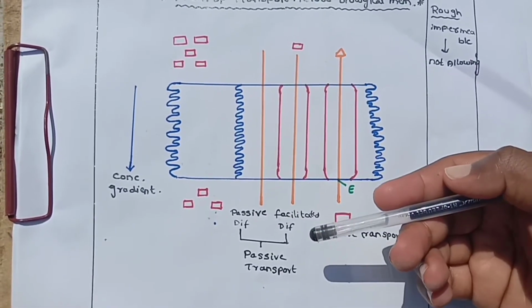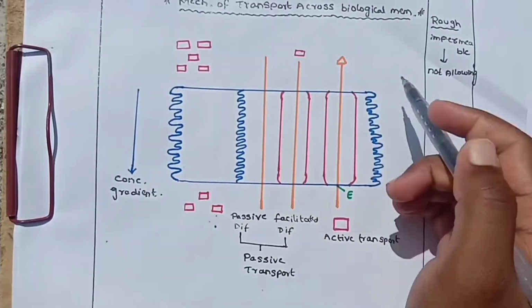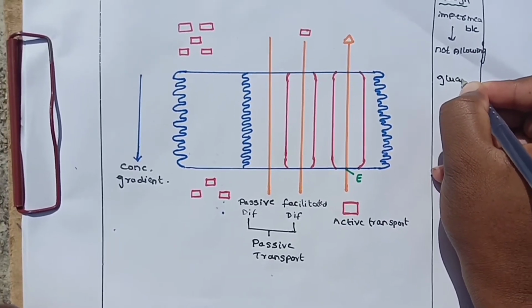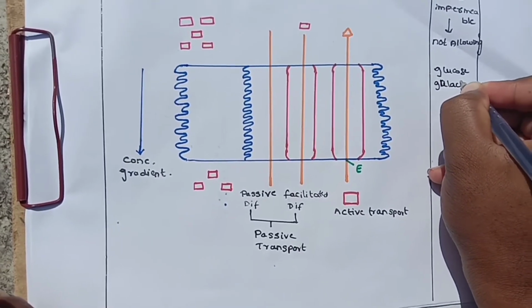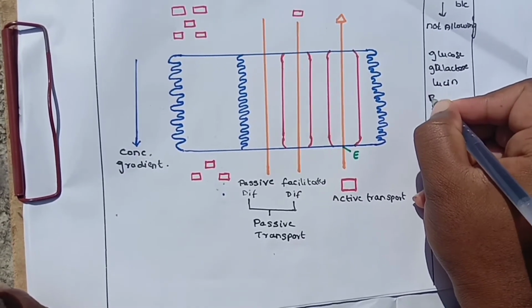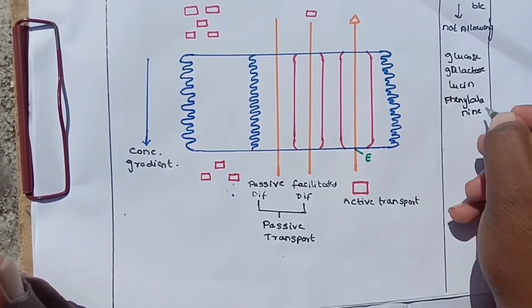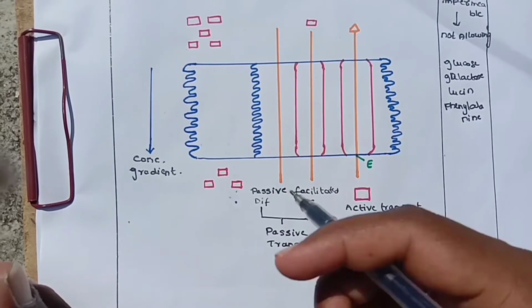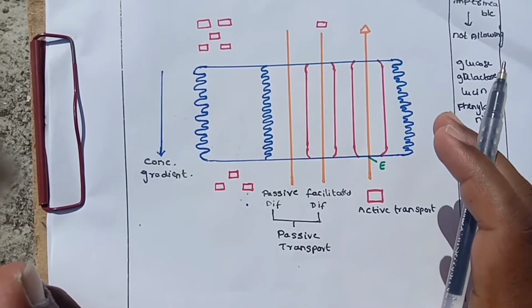These are specific carrier proteins for the transport of glucose, galactose, leucine, and phenylalanine. These have all been isolated and characterized.